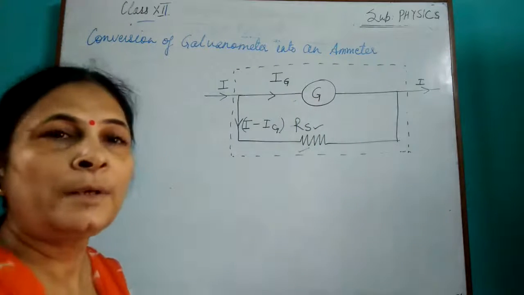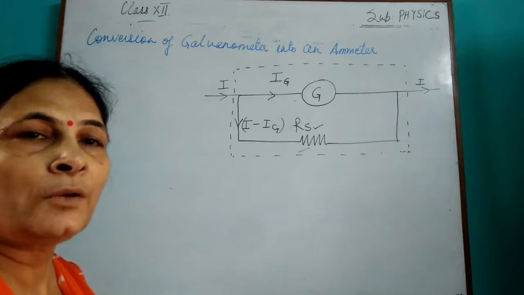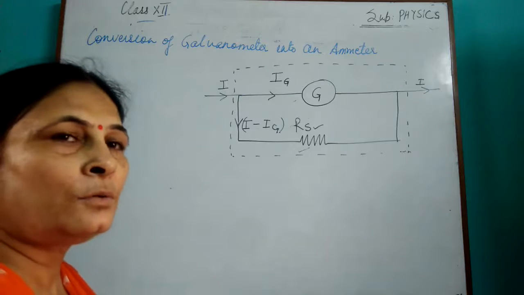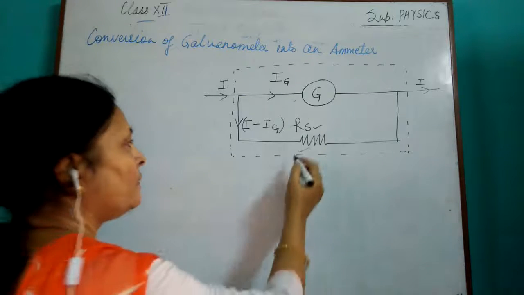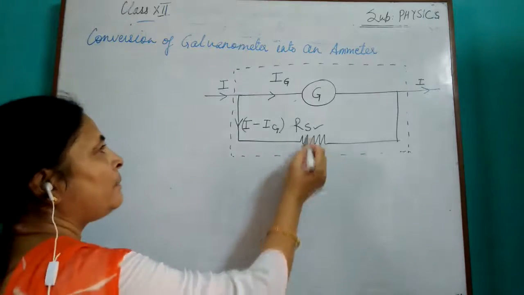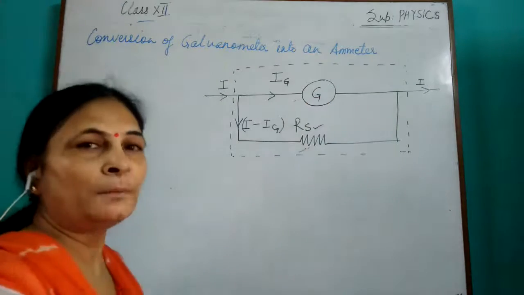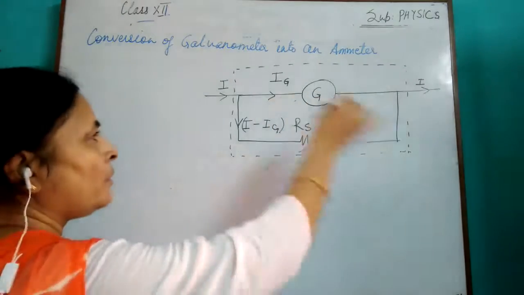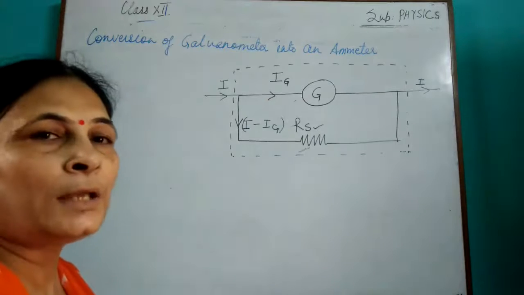So the answer will be: to convert a moving coil galvanometer into an ammeter, a small resistance known as shunt is connected in parallel with the galvanometer, and this combination will be used as an ammeter.